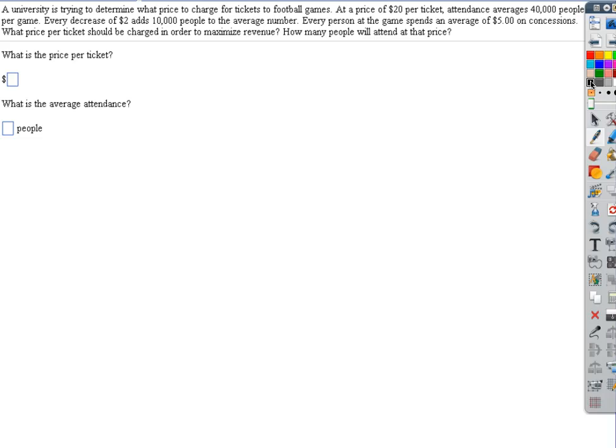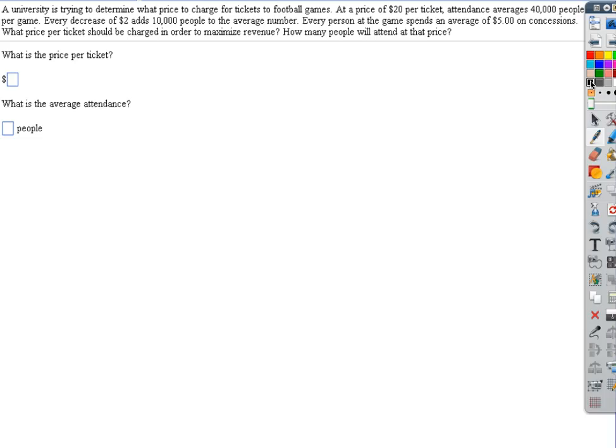Okay, here's one of these where it's an economics problem. They're giving us some information about, I want to explain this to you a little bit. This is interesting. We'll get a little economics lesson. And not stupid qualitative, it's quantitative economics, where we do the actual math. A university is trying to determine what price to charge for tickets to football games.